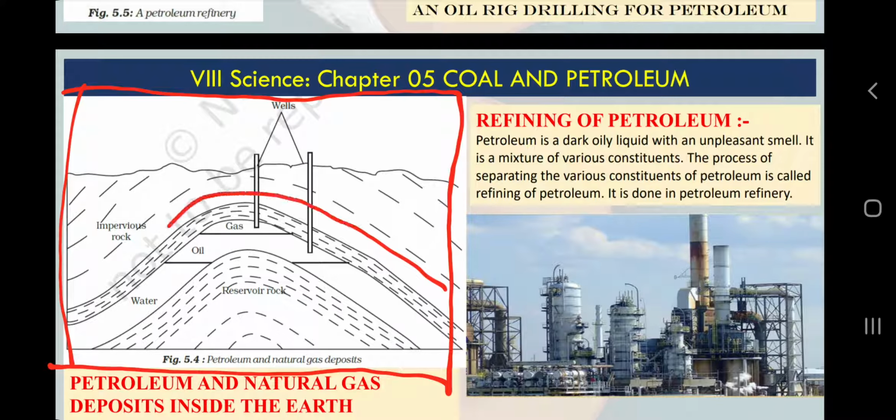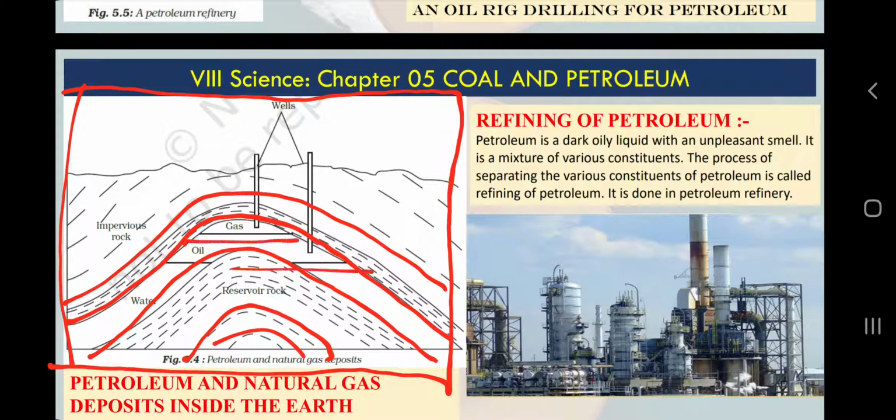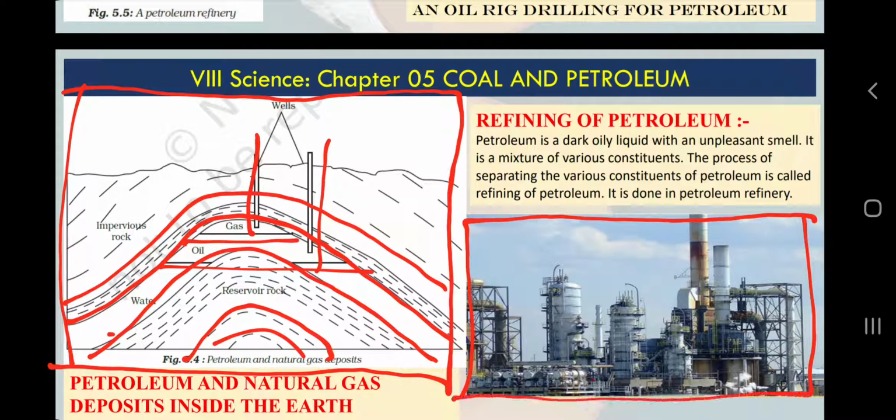You can see different layers here: gas, oil and water. This is how we extract it from some depth, and this is how a petroleum refinery looks in actual conditions. So this is about petroleum, and this is about refining of petroleum.